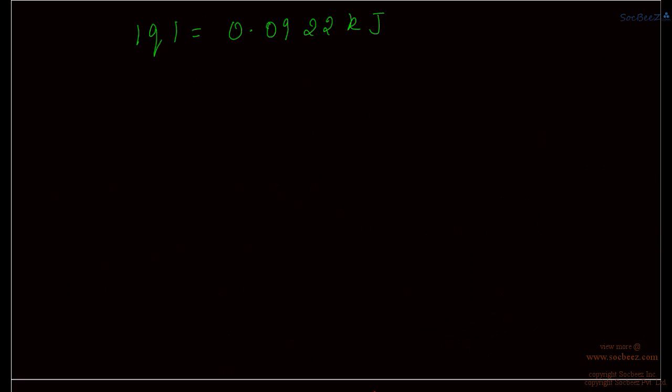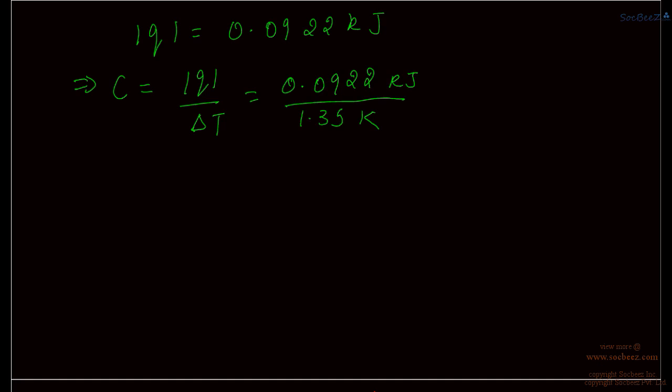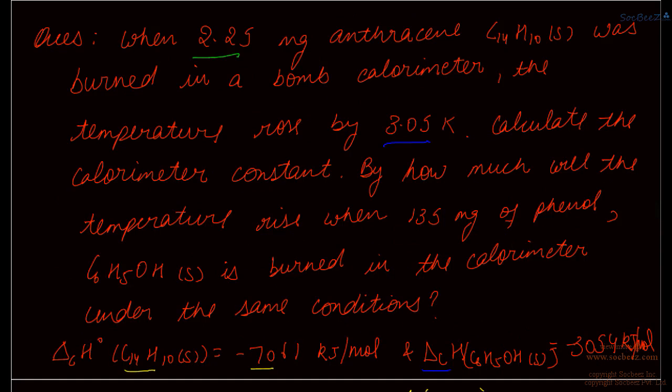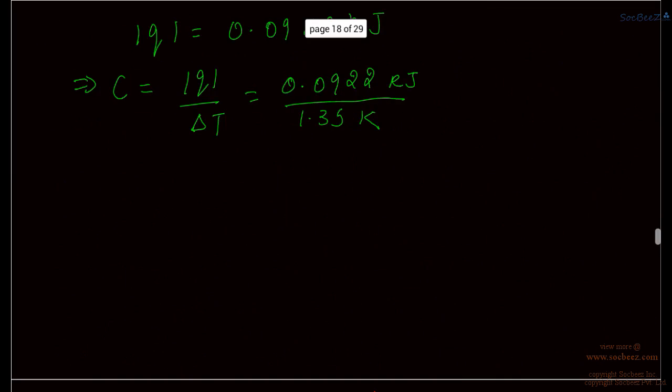Hence the calorimeter constant C equals Q upon delta T. This comes out to be 0.0922 kilojoule upon, oh, the temperature change here is 3.05 Kelvin, so we substitute 3.05 Kelvin.